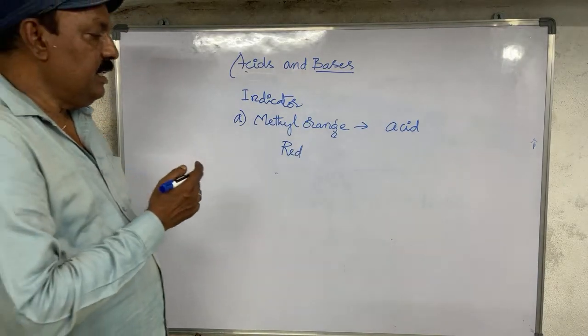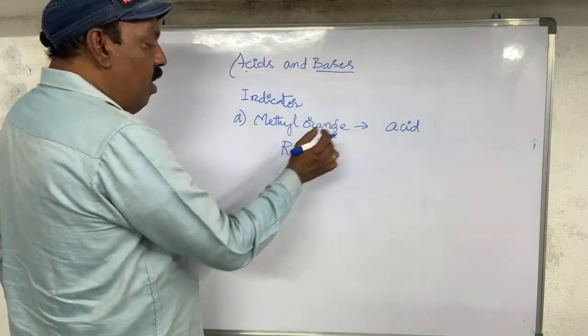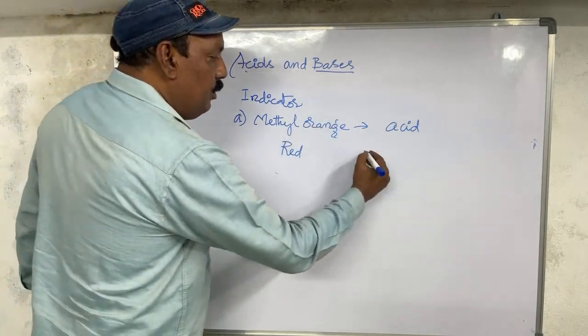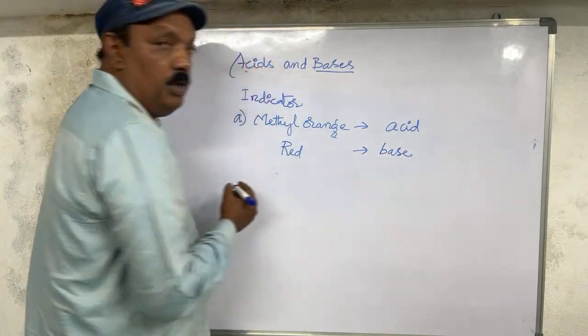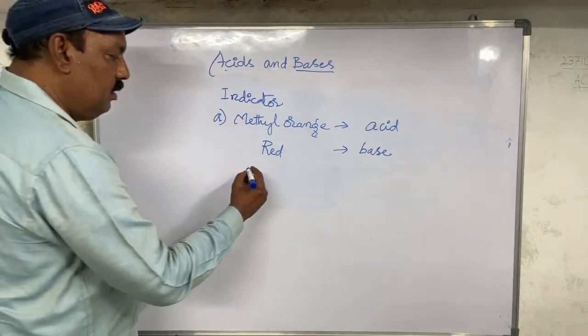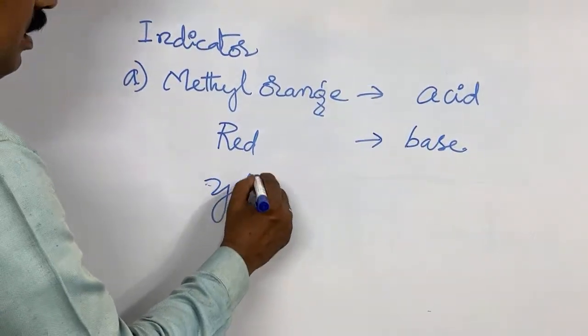And next thing is, if this methyl orange is added to base, you are going to have yellow color.